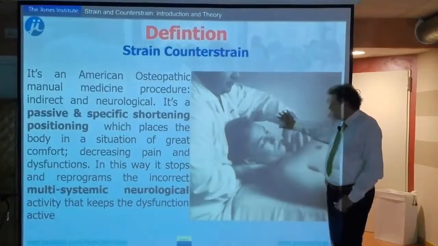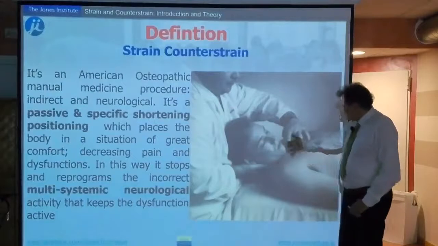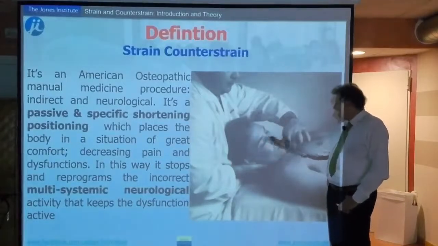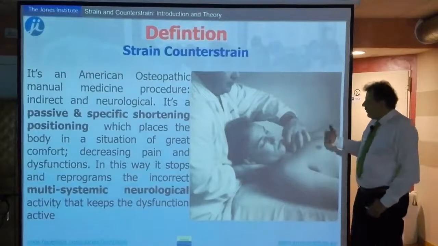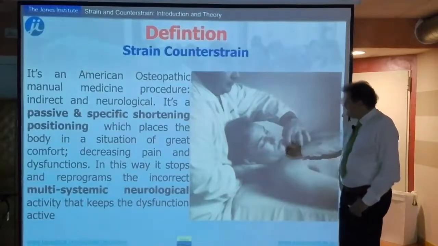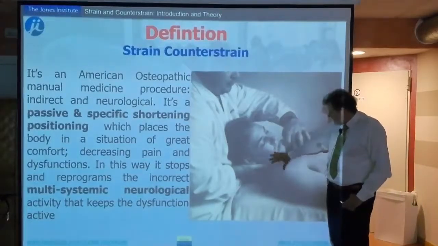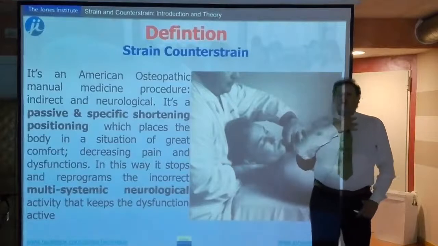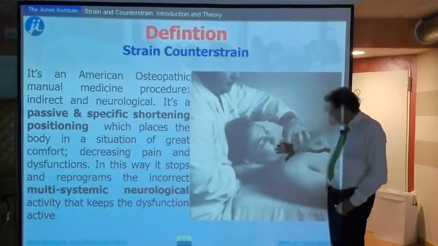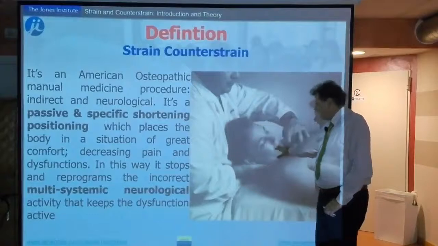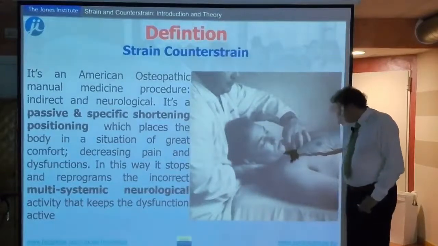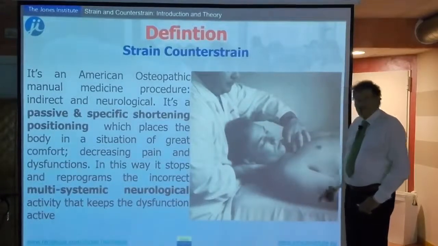And we can see here Ed, our colleague, is holding up the head of this patient, and the patient is completely passive. What is Ed doing? Ed is shortening the area of the muscle in front of the body of the patient. But it's not only passively shortening the body. He's doing it in a correct and specific way.